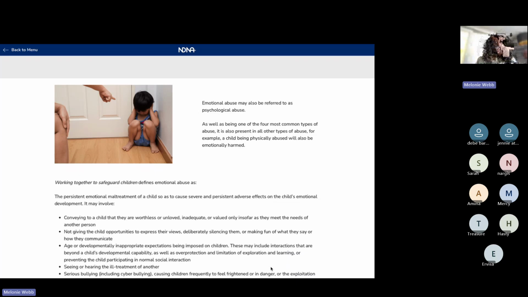It may involve conveying to a child that they're worthless or unloved, inadequate, or valued only so far as they meet the needs of another person. Not giving the child opportunities to express their views, deliberately silencing them, or making fun of what they say or how they communicate.